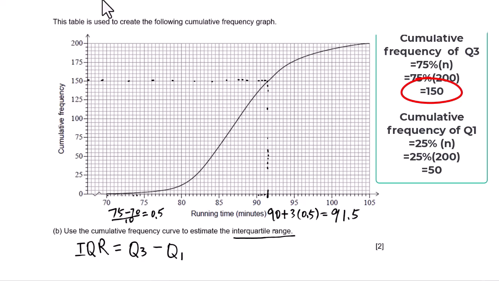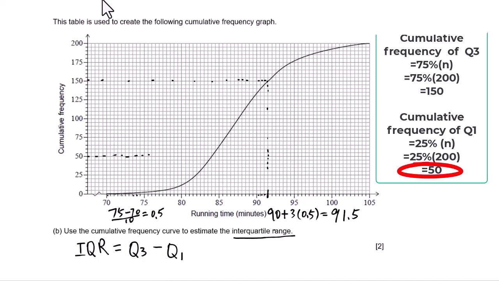For Q1, the first quartile equals 25%. So 25% times the total number 200 equals 50.